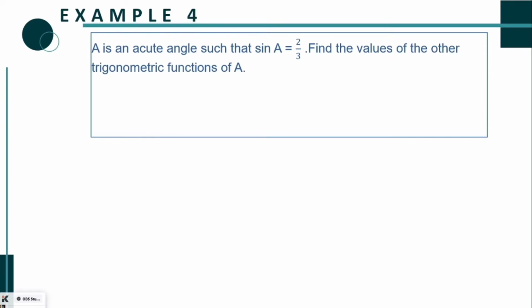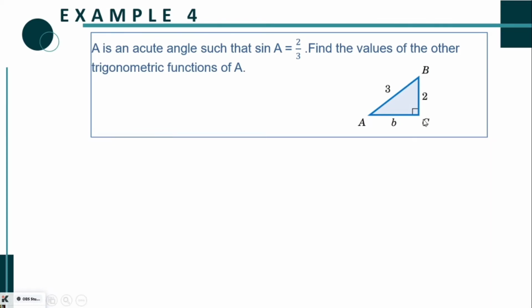So we can say that 2 here is the length of the opposite side of angle A, and 3 is the hypotenuse of the triangle. So we just have to look for the other side of the triangle in order for us to find the values of the other trigonometric functions of A. So if we are going to illustrate the triangle, we'll have this one.